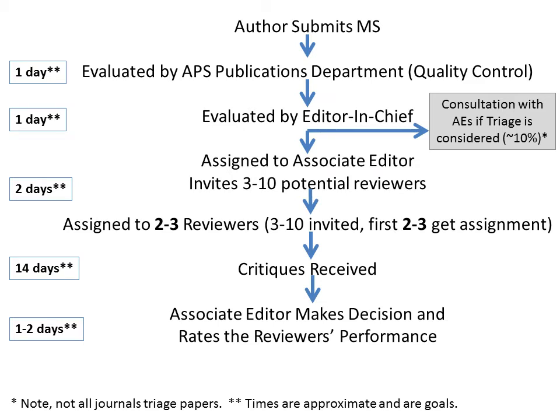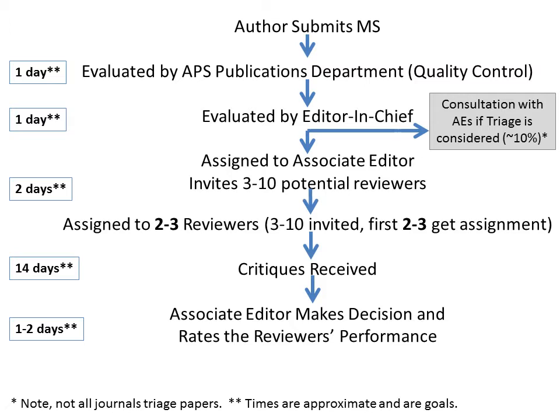This flowchart shows the distribution of papers after they're submitted to the American Journal of Physiology office. The author submits a manuscript, which is generally evaluated in approximately 1 day by the APS Publications Office for various quality control issues, including signatures and forms that need to be submitted along with the electronic manuscript.